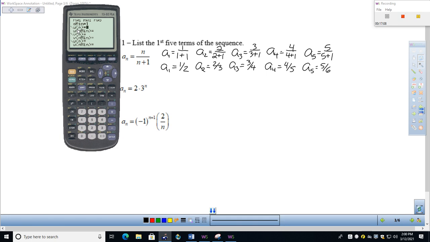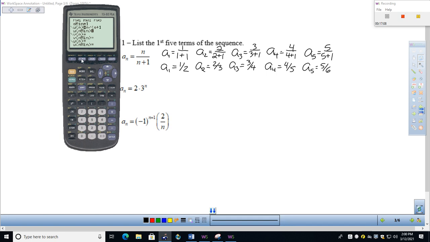But what I'm going to do is take a moment and put in my independent variable. And by the way, do you notice this button right here, which we've been using for x, happens to have a whole bunch of other things too, and one of them is n? Well, that is our independent variable. So in sequence mode, the independent variable is n. So it's n divided by, and then n plus 1. Excellent.